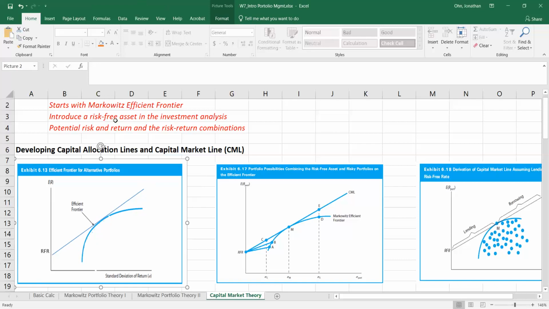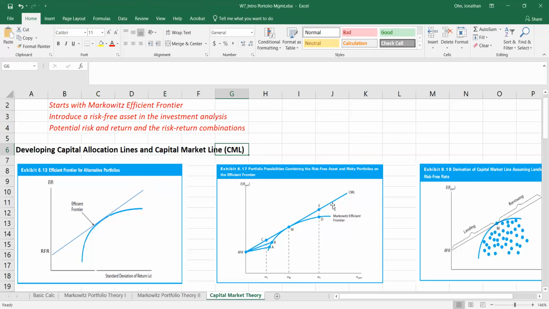We started with the Markowitz efficient frontier, and we introduced a risk-free asset in this investment analysis. And if we combine these two, this is the new dominant group of investment decisions. And that one is called the capital market line, CML.